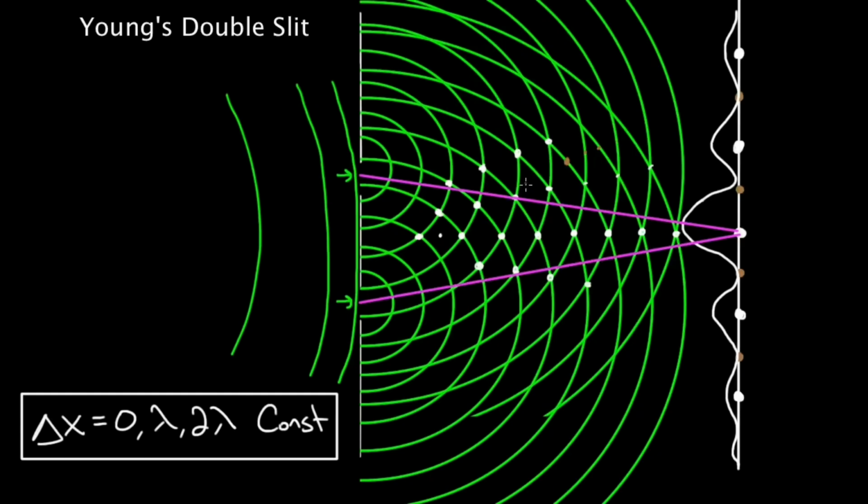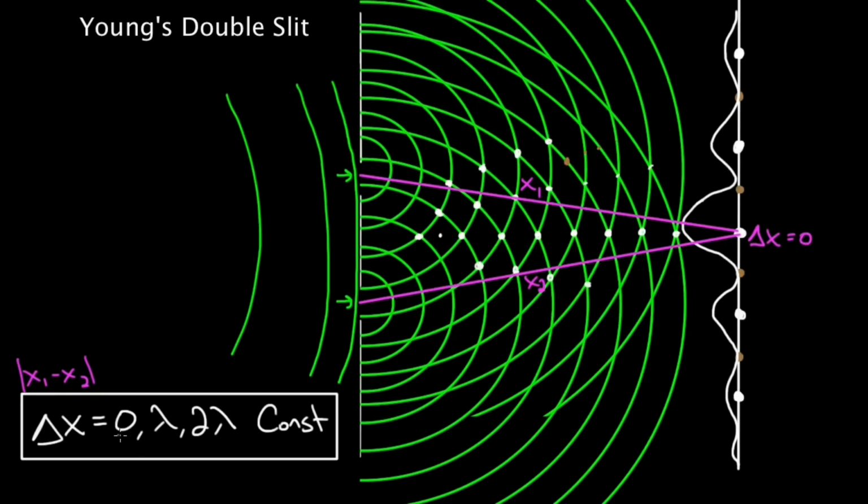So basically this we can call x1, this length x2. And the path length difference would be x1 minus x2. The difference in these, and you can just make it the absolute value if you want, but the size of the difference between these 2 path lengths. What is that going to be? For right in the center, well, that one's just delta x equals 0 because the waves are traveling the same distance to get to that point.